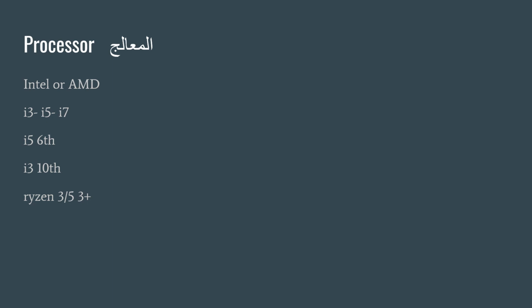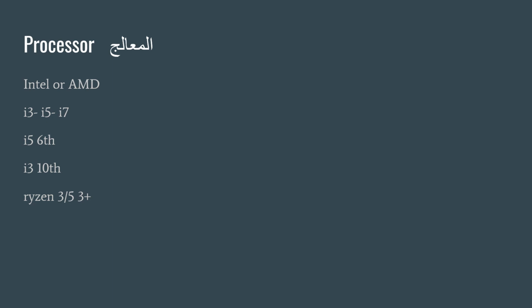So don't buy a computer with an older generation if you plan to use Windows 11. So at least the 8th generation from Intel and the 3rd generation from AMD Ryzen.